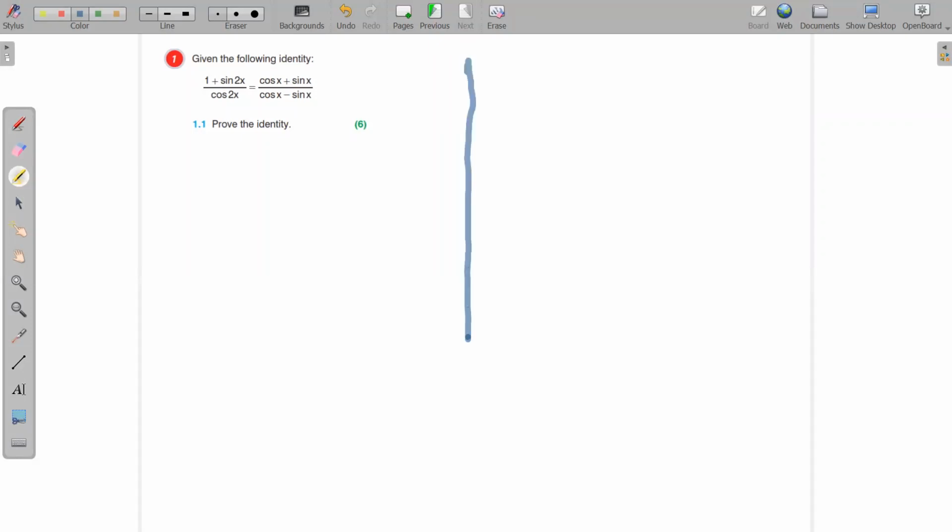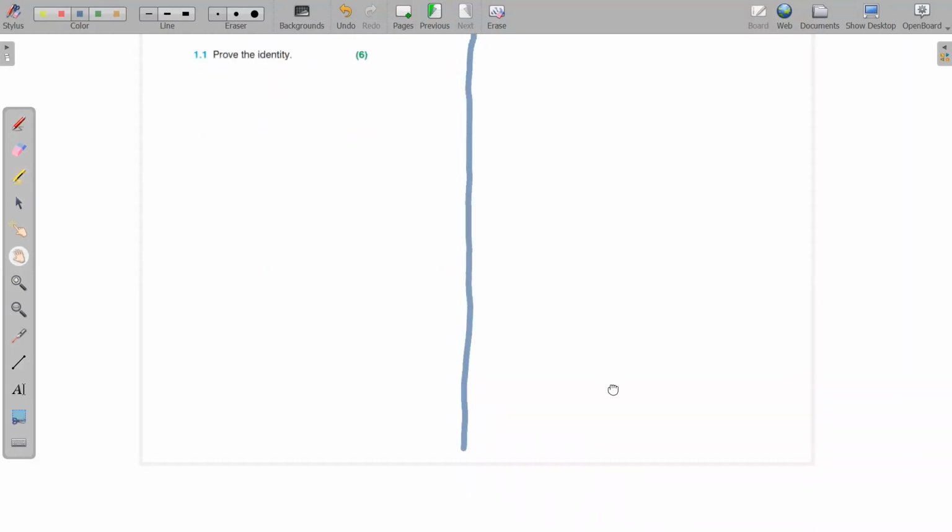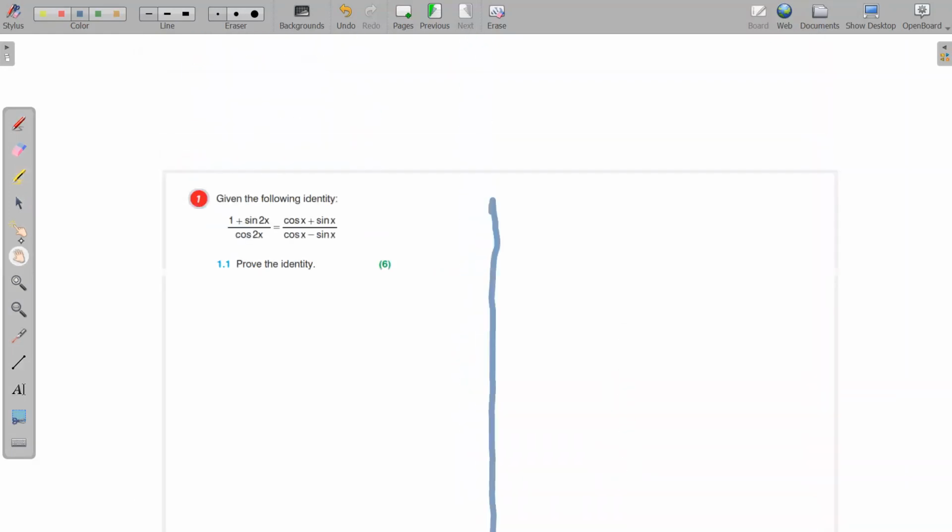All these questions are about expression questions, unknown questions, not numerical value questions. Numerical value is the next step, hence part. Okay, given the following identity, this one. So prove the identity from the left-hand side or the right-hand side.